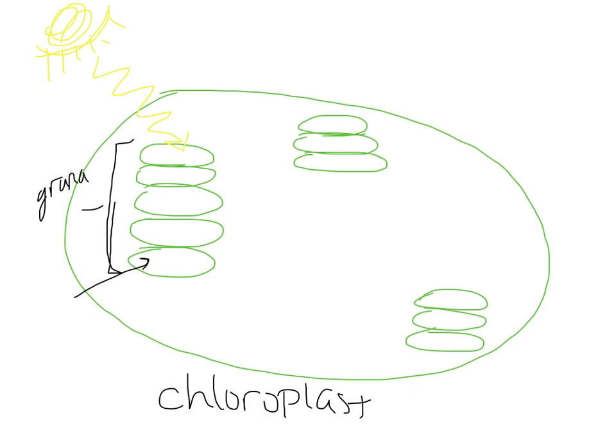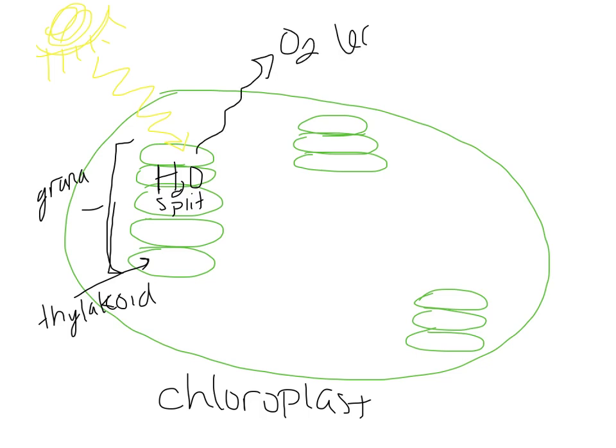Each individual one is a thylakoid. So the light energy strikes the thylakoid membrane, and remember, this causes my water to split. So I have oxygen leaves through the stoma.